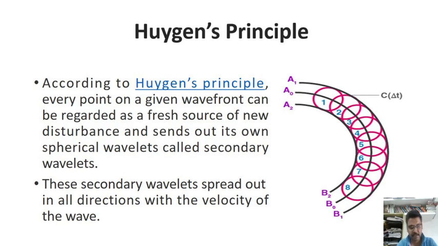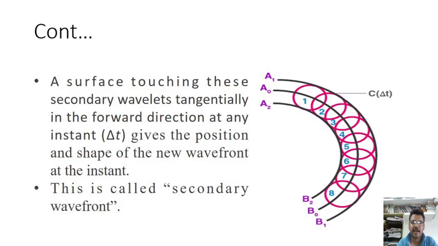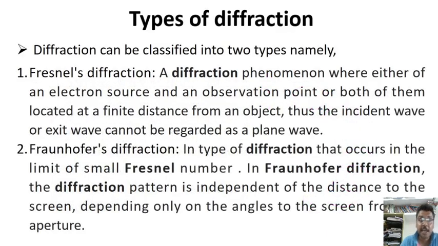That is the one thing. So now, after knowing Huygens principle, we'll discuss the types of diffraction. Diffraction can be classified into two types, namely Fresnel's diffraction and Fraunhofer's diffraction.